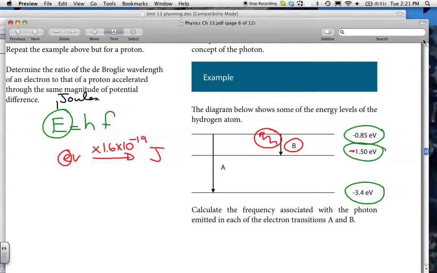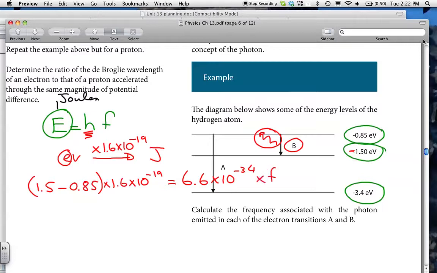So our E for this would be 1.5 minus 0.85, that's your difference in eV, times 1.6 times 10 to the negative 19 to put that into joules, equal to Planck's constant h, about 6.6 times 10 to the negative 34, times your frequency.